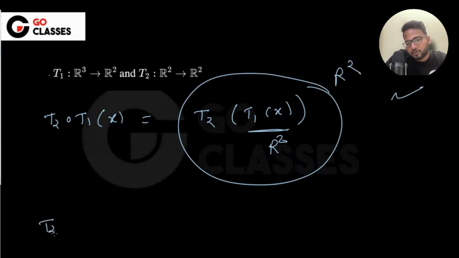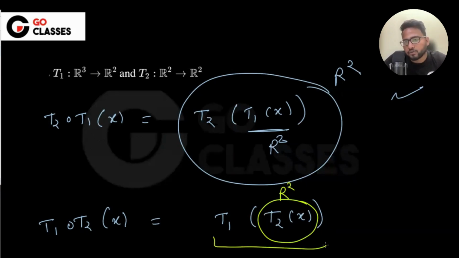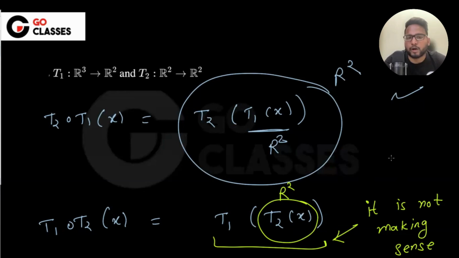But let's see the other way around: T1 composition with T2 of x. It means T1 needs to consume T2(x). T2 will give a final vector in R2. Can T1 consume a vector in R2? No, right? So T1 won't be able to consume it. That is why it is not even defined. That is what I meant.